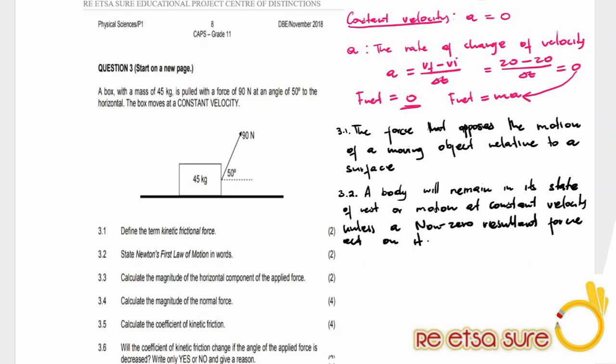It will remain there forever unless someone takes it. The car that is outside will remain there forever unless someone exerts a force on it. A ball, if Tshaka is kicking a ball, that ball will move in the direction of my force forever unless there is a force that is acting on it.